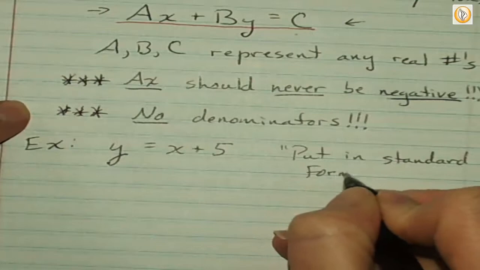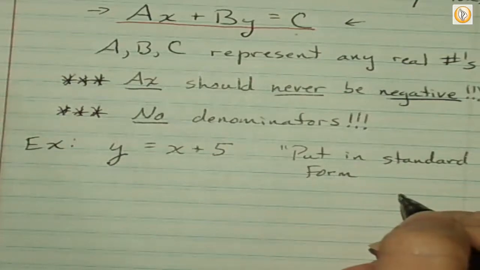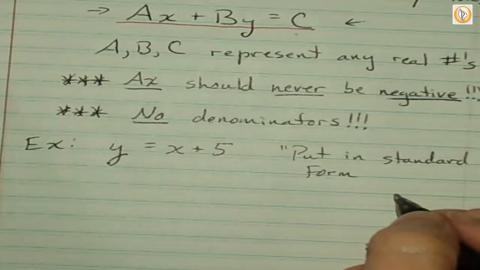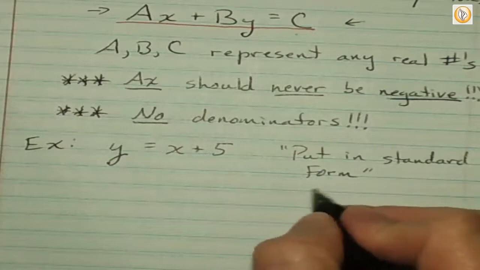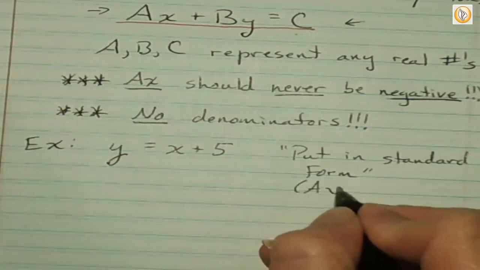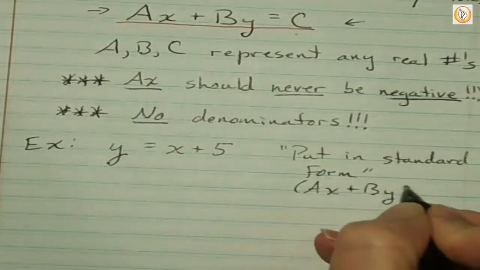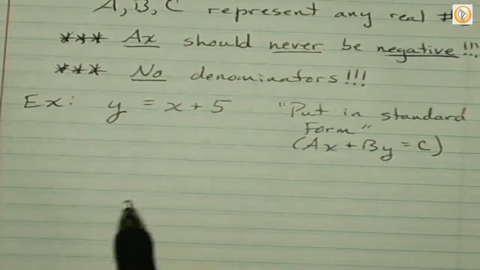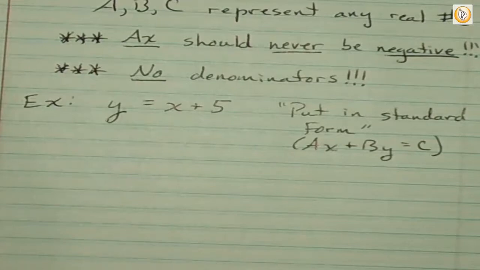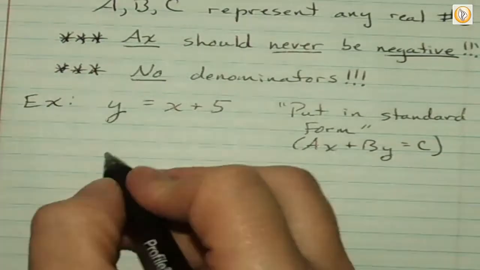Not every time, boys and girls, because a lot of times they're going to tell you to put it in the other form. When they tell you to put it in standard, this is what they're talking about. And the standard form, again, is Ax plus By equals C. So we've got to move this stuff around to make sure it looks like Ax plus By equals C.